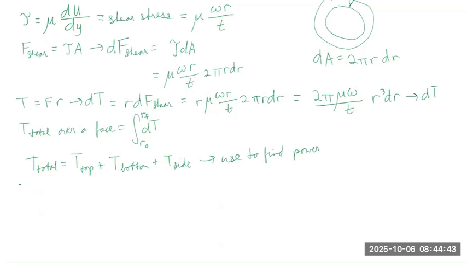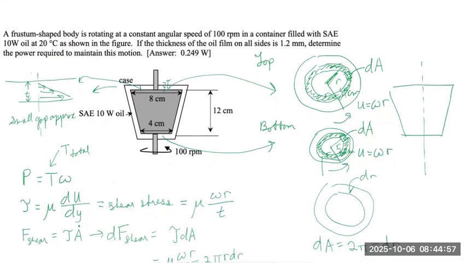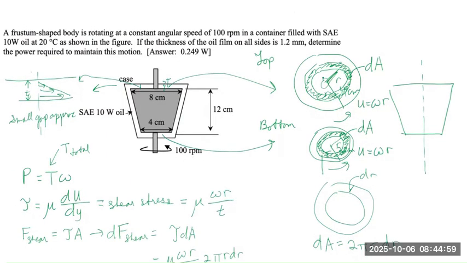Okay, so now we're going to calculate the torque on the top face. It's going to be equal to the integral from the initial value of r, which we're going to take as 0, to r equal to 4 centimeters. As you see over here, we have a radius of 4 centimeters, which is equal to 0.04 meters.